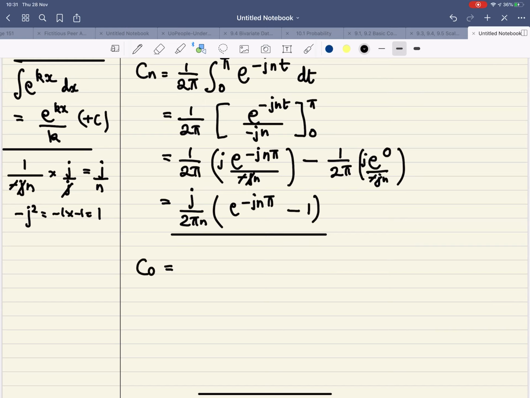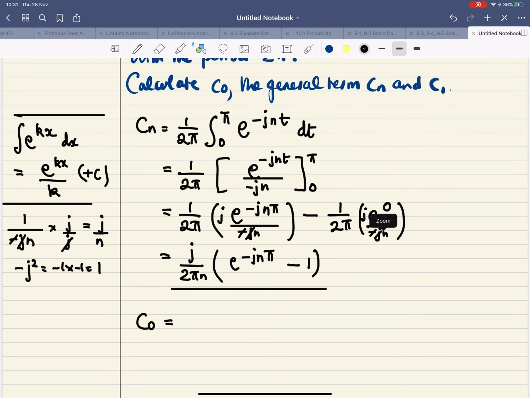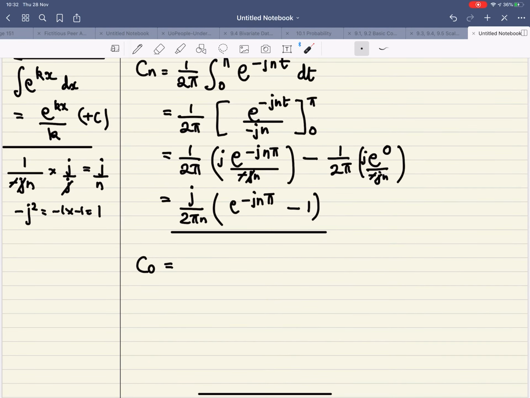If we go right back to the very beginning up here for this one, I'm not going to put a naught in there because we're dividing by 0 and that's really not allowed. So I'm going to go back to the beginning here. So it's 1 over 2 pi, integral from 0 to pi, e to the naught dt.